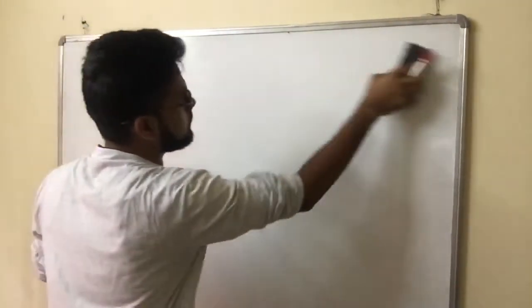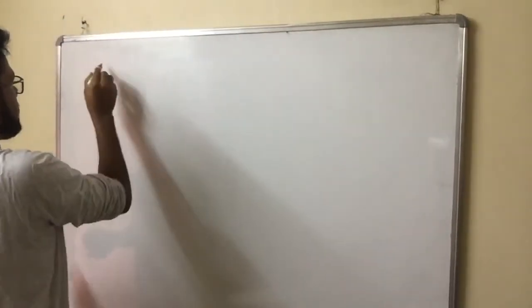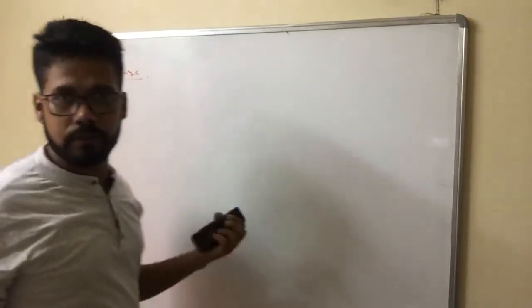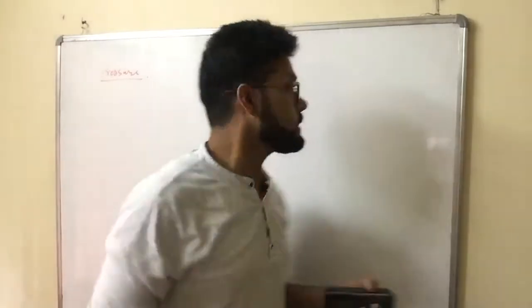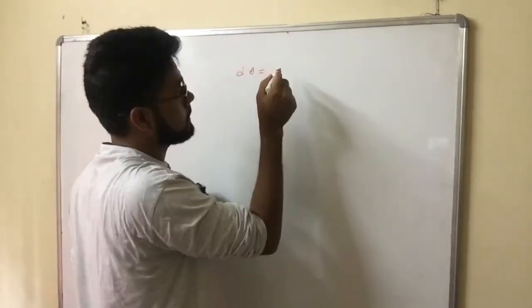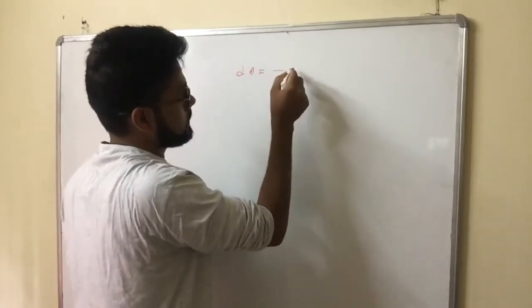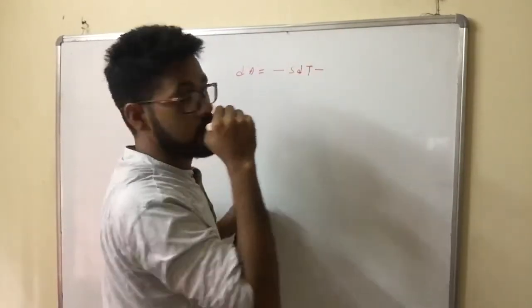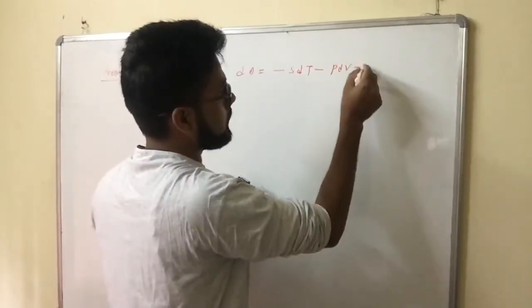Similarly, what formula did we get in the previous calculation? Pressure. No need to remember the formula. Suppose you forget the expression of pressure. You just remember the formula that I have derived: dA equals minus S dT minus P dV plus mu dN.